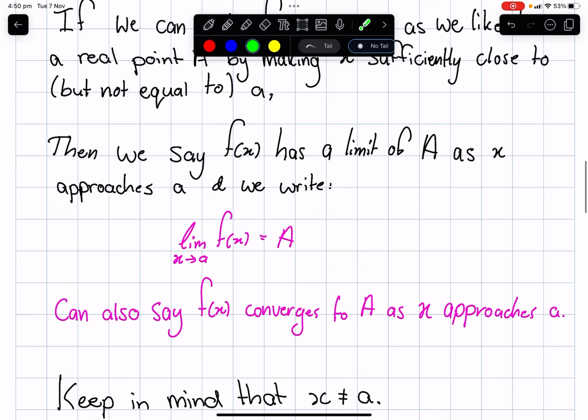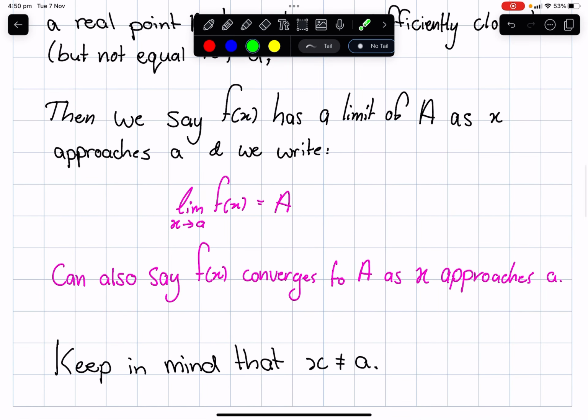So the way we write this is the limit as x goes to some known x value of my function equals this big A value, and this is often just the y coordinate at that point. And like I said, we can also say that f of x converges to A as x approaches little a. But keep in mind, we're not actually looking at when x is equal to A. We're looking at what happens when it gets really, really, really close to A.